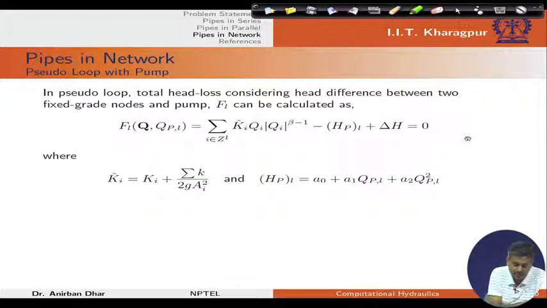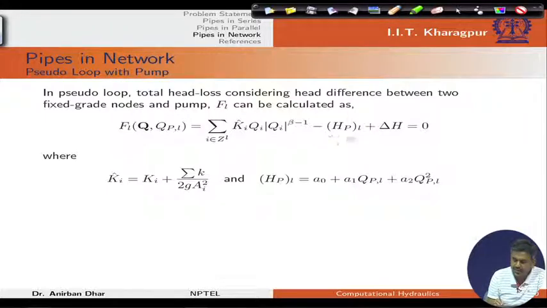So, in pseudo loop this total head loss considering head difference between two fixed grade nodes and pump we can calculate like this. Now, in this case we need to add this head for a pump, this should be a negative quantity, and the head versus discharge condition should be imposed during our head loss calculation.